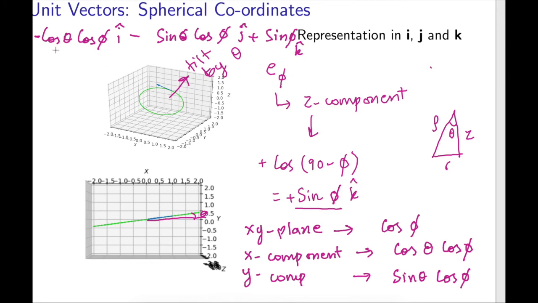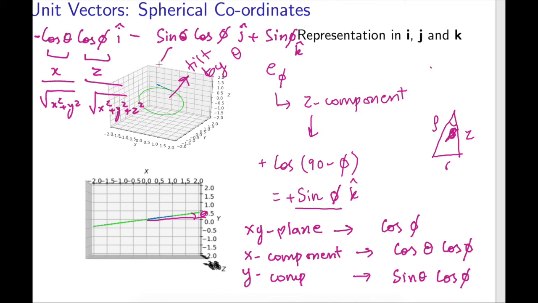Okay, and then if we write it in xy coordinates, I can write it as x over the square root of x squared plus y squared. So this is cosine of phi, so I should write phi, sorry. Cosine of phi is the square root of x squared plus y squared over the square root of x squared plus y squared plus z squared.